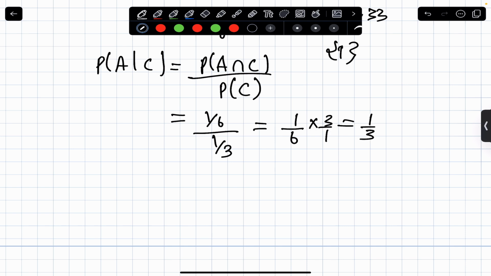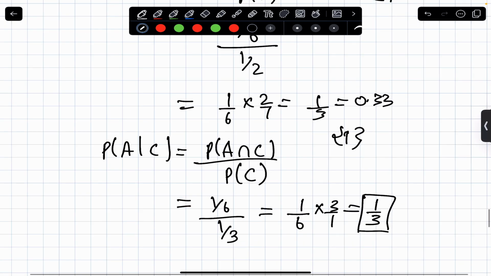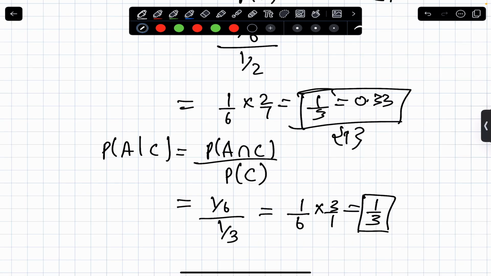What is it? 0.3. Did the probability change? Tell me, did the probability change? No. Then how can we say it is independent? Sorry, dependent. My mistake. How can we say it is dependent? If the probability changes, then we call it dependent.